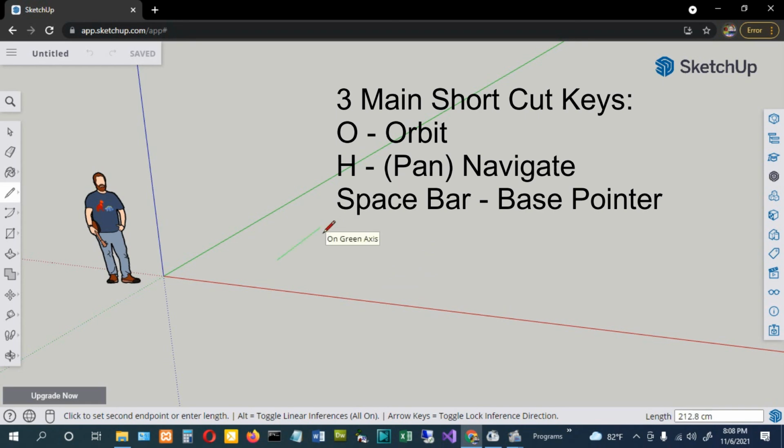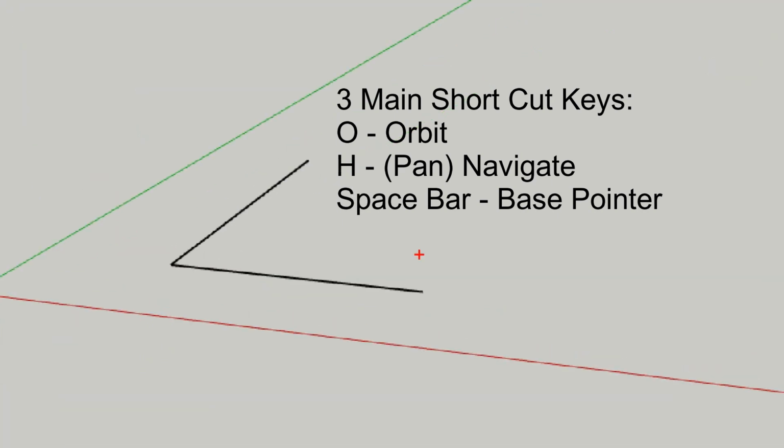Make sure that it is along the green color. That means you are on the y-axis, right? Along the red color is the x-axis.